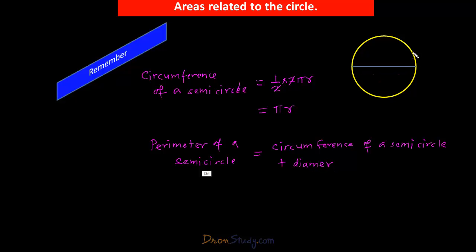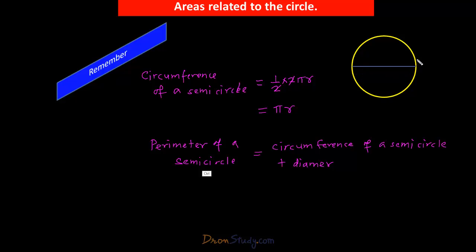The perimeter of a semicircle is given by the circumference of the semicircle plus diameter, because perimeter is the total length of the boundary.